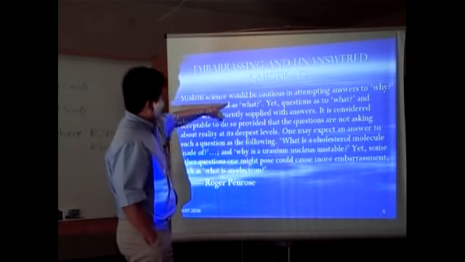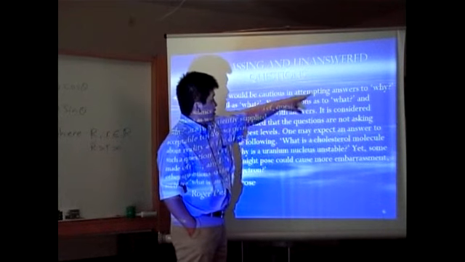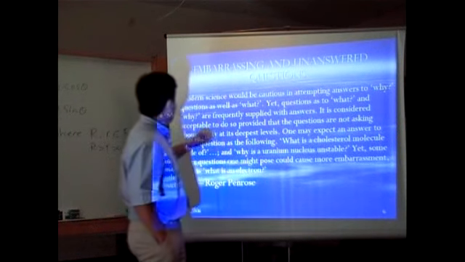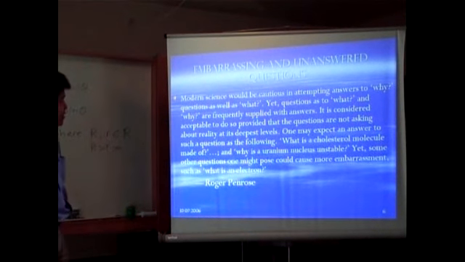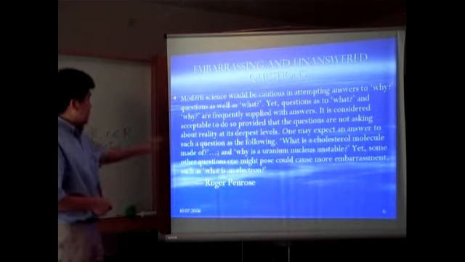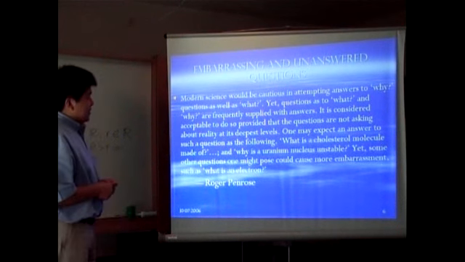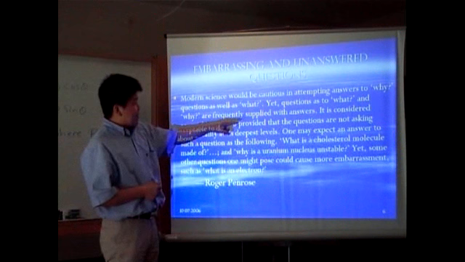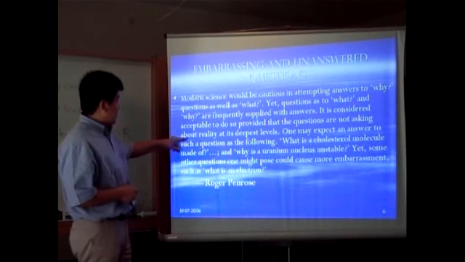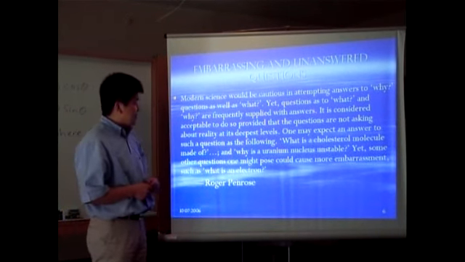Modern science would be cautious in attempting answers to why questions as well as to what. Yet questions as to what and why are frequently supplied with answers. It is considered acceptable to do so, provided that the questions are not asking about reality at its deepest levels.